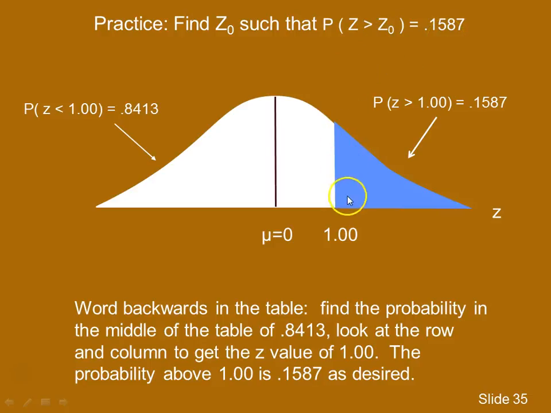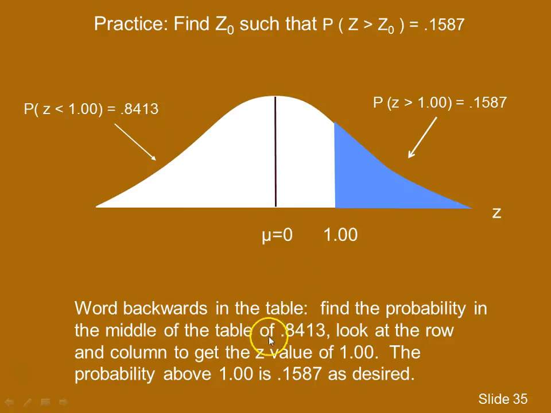Z0 will have to be in the right end of the distribution. Again, if z0 was down here on the left, you'd have way more than 0.1587 above it. With 0.1587 out here, subtract that from 1, which means the cumulative probability below it has to be 0.8413.